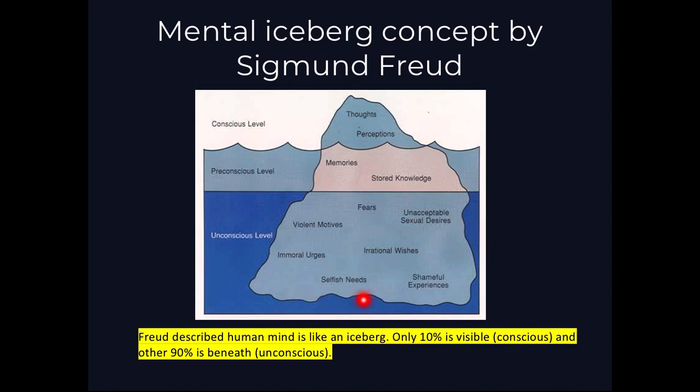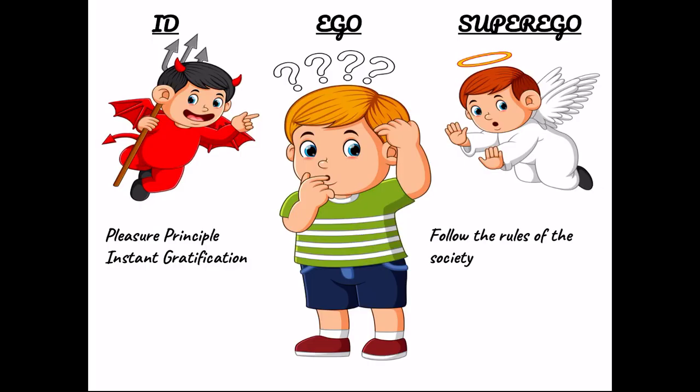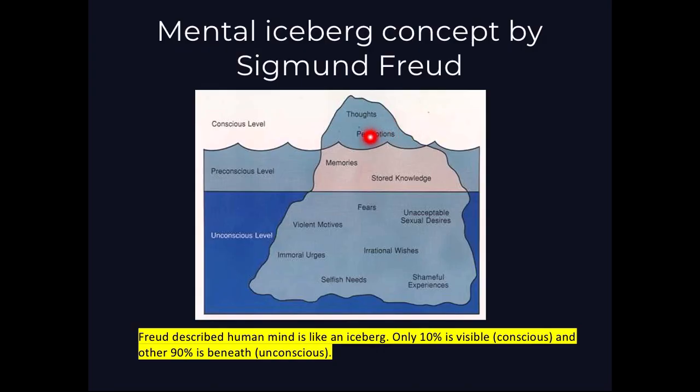And this is the unconscious or subconscious level, which includes our inherent fears, our irrational wishes, our selfish needs. So Freud says that only 10% is the conscious level, and the rest is the preconscious and the unconscious level, and we are not aware of it.